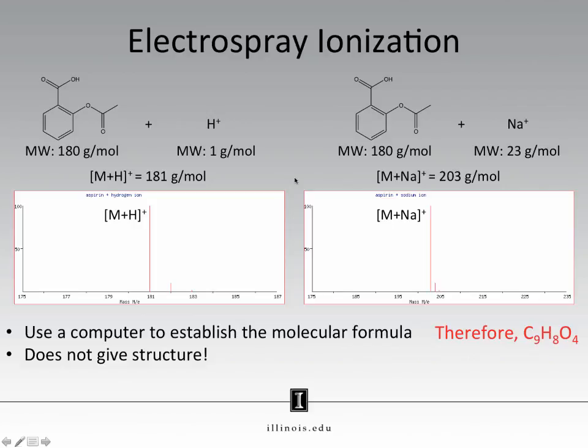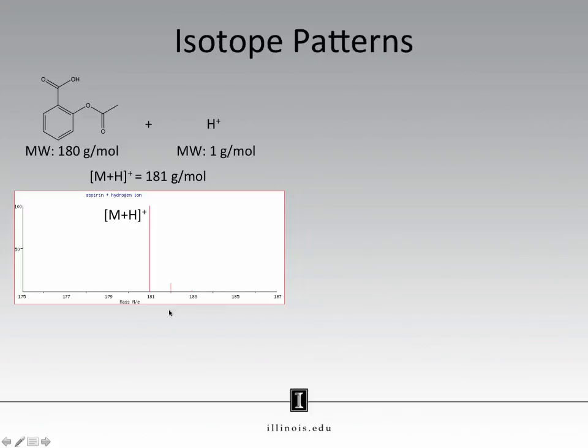Let us look a little more closely at these mass spectra. Clearly, there is one major peak, one peak larger than the rest. However, you might also have noticed these smaller peaks to the right. What do these smaller peaks correspond to? Those smaller peaks are a result of isotopes.